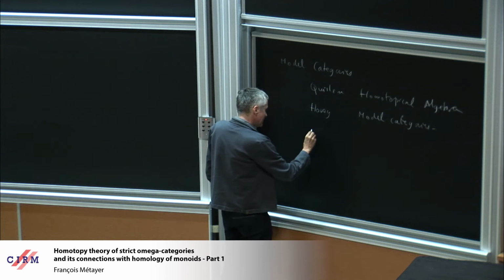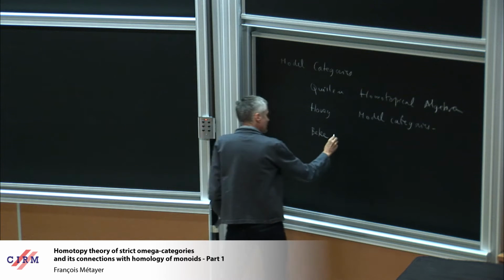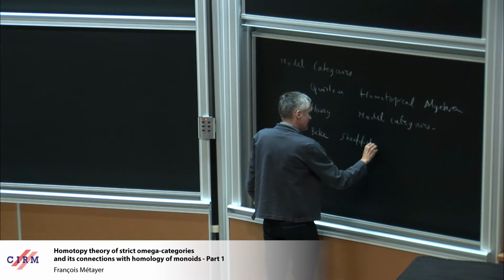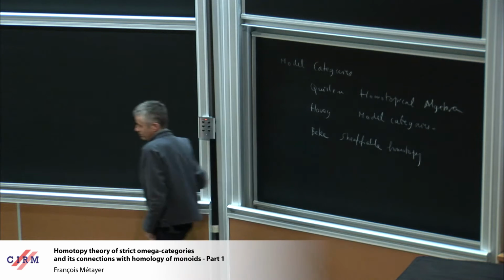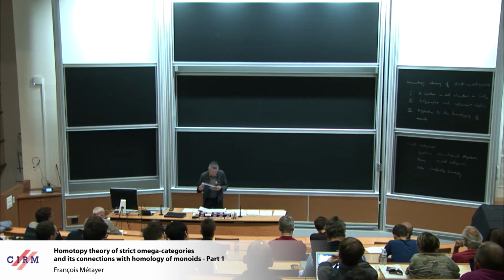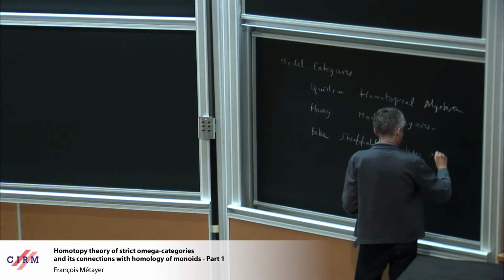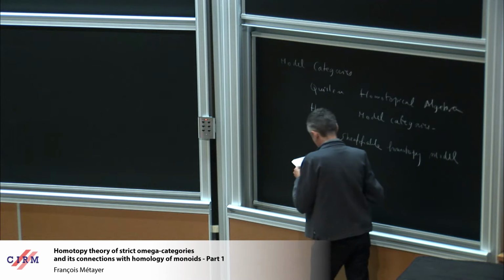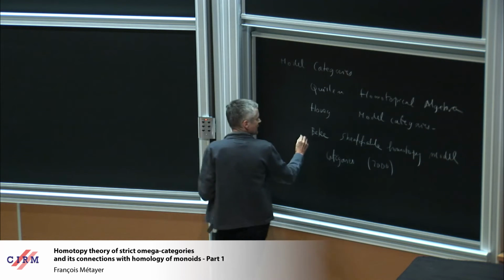It's a paper by Tibor Beke called, I believe, Sheafifiable homotopy model categories, in 2000.